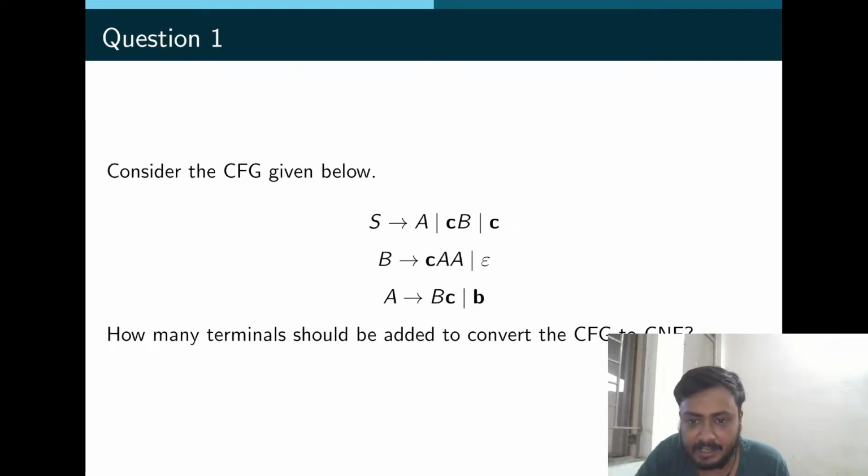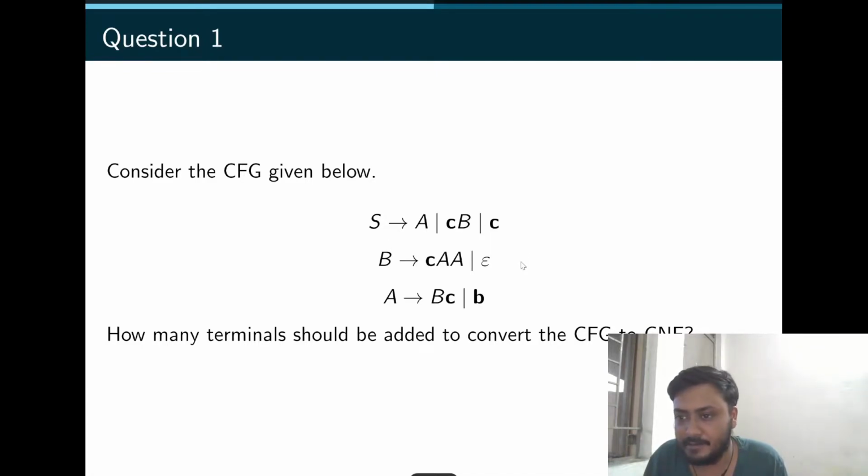Either it can be a single terminal, for example, S gives C is a valid rule in CNF, or if there are non-terminals, there must be exactly two of them, and there should not be any combination with terminal symbols or anything else. So either rules of the form X gives YZ or X gives A. These are the only two types of rules allowed in Chomsky normal form.